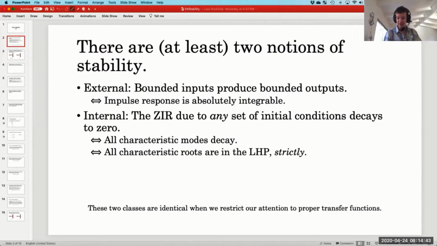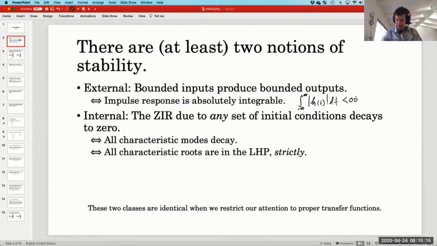I think that's the layman's interpretation of external stability. There is a consequence of this definition that a system is externally stable if and only if its impulse response is absolutely integrable. So remember, absolutely integrable means when you integrate the absolute value of the impulse response over all time, you get a number that is finite.